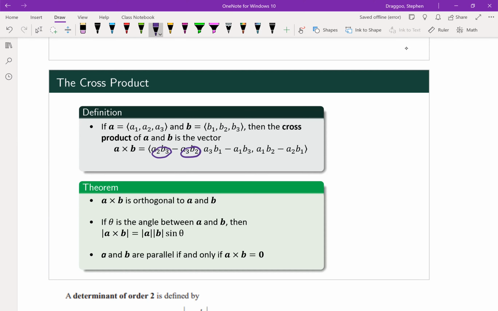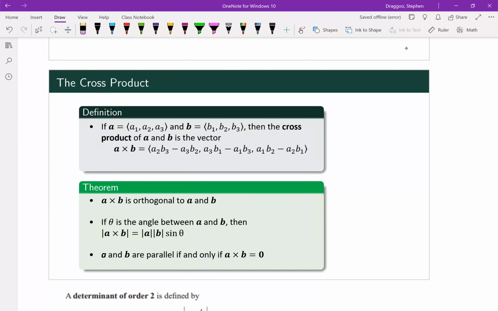Then if we went to look at position 2, we'd see that that depends only on numbers 3 and 1, and notably not 2. And if we also take a look at position 3, it depends only on components in positions 1 and 2. Again, notably not 3. So each of the components of the cross product will not contain any components from its original vectors that are in those same positions.